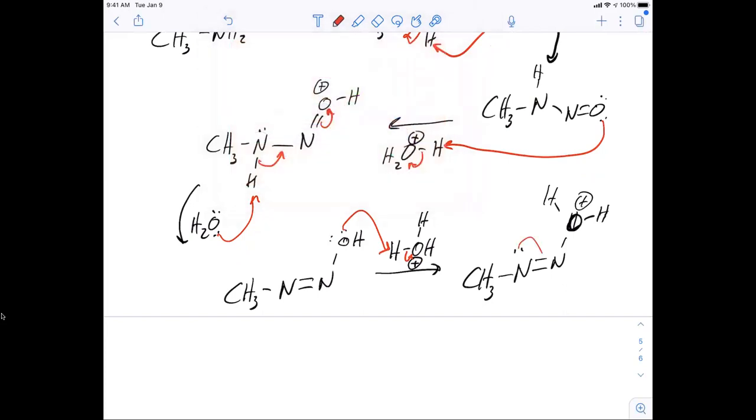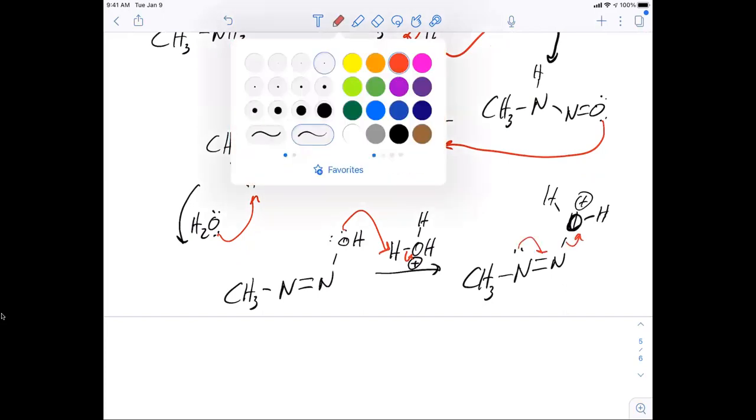Then the lone pair comes down, kicks off water.